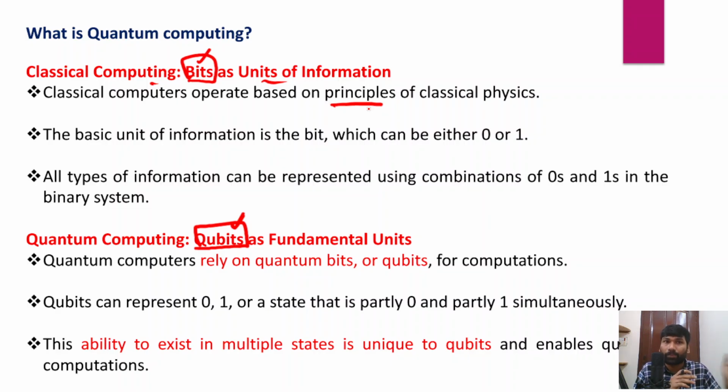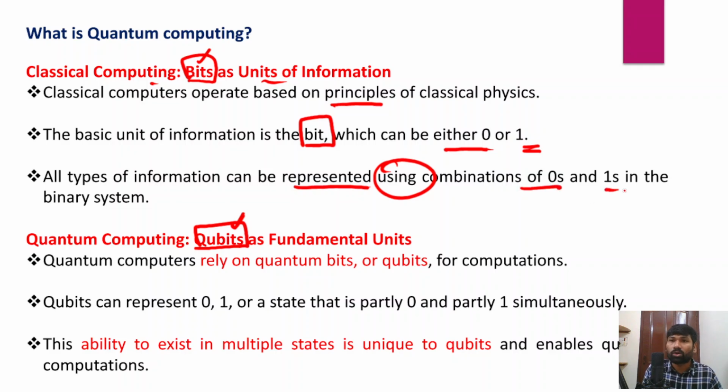And as we have already discussed, the bit is the basic unit of information in classical computers, which is either 0 or 1. All types of information can be represented using combinations of zeros and ones in the binary system in these classical computers.